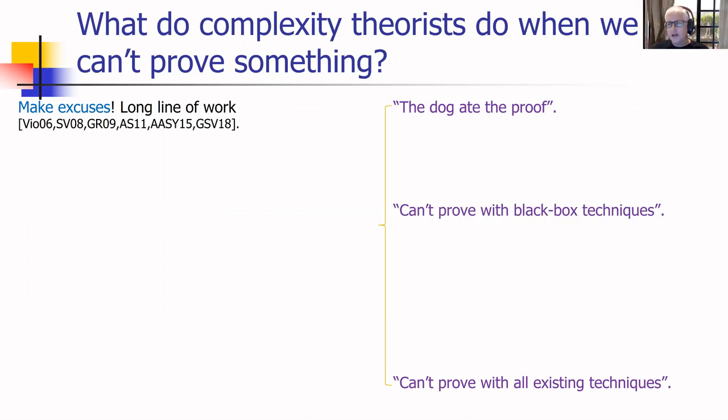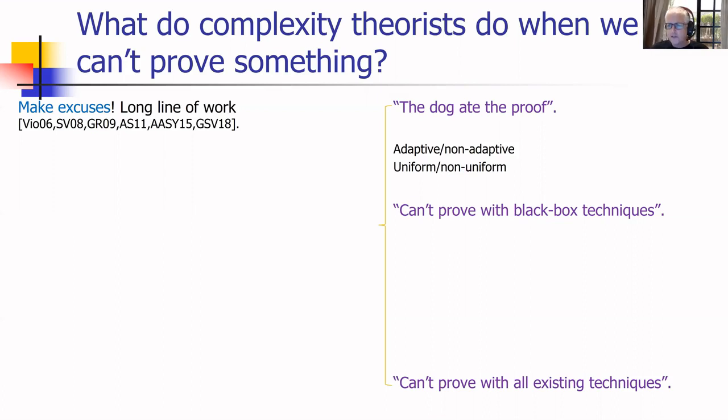Somewhere in the middle between these two excuses is the following excuse. You cannot solve these two open problems with black box techniques. And it took some time, but today we know how to do that, right? There were issues whether the proofs use adaptive or non-adaptive techniques, or uniform and non-uniform techniques.